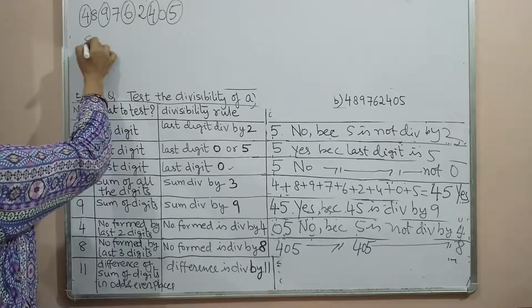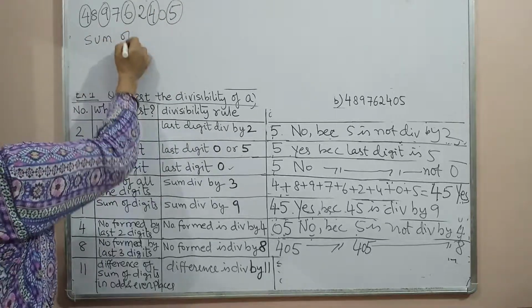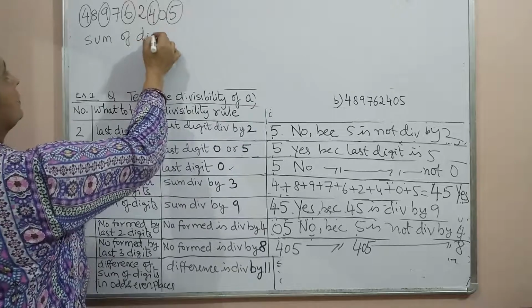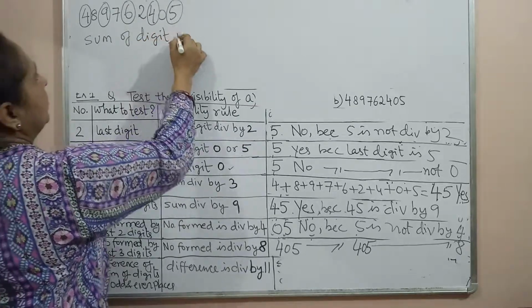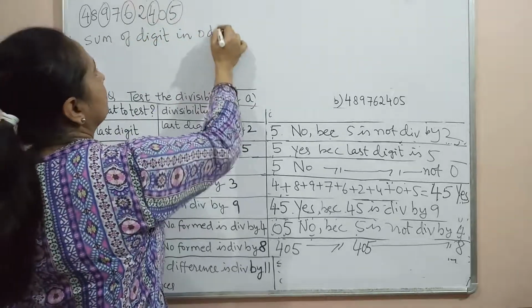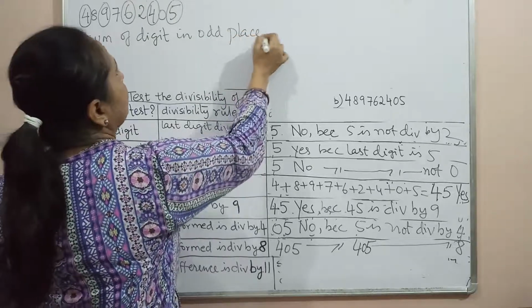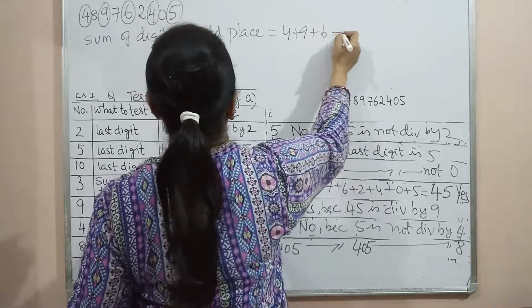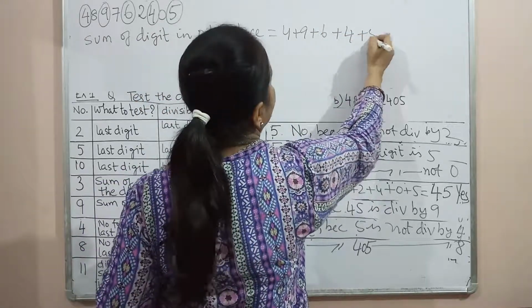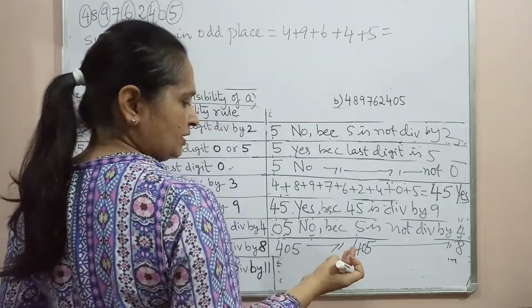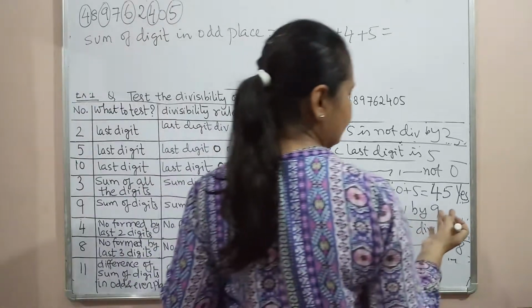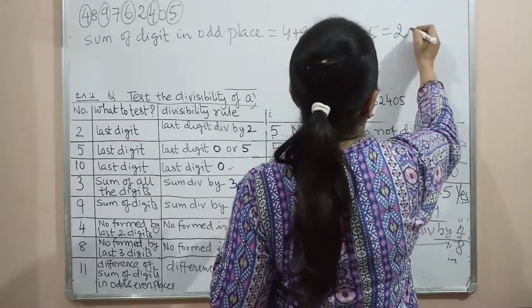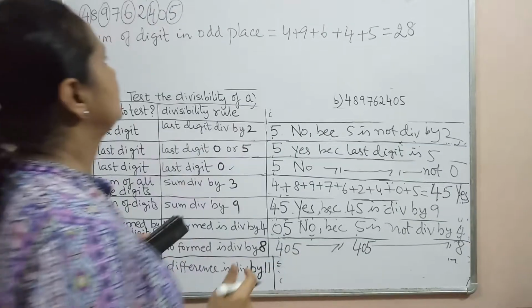So sum of digits in odd place is how much? It is 4 plus 9 plus 6 plus 4 plus 5. Last time it was 23, 24, 25, 26, 27, 28. It will be 5 more added, 28.